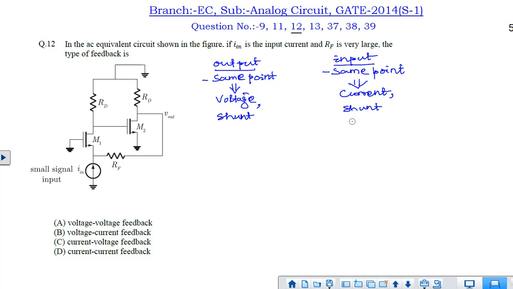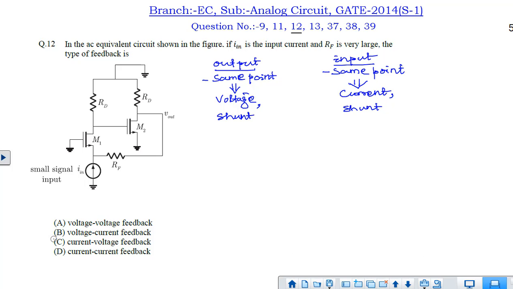As per the points I have mentioned in the previous pages, you can easily find out what is happening at the output and what is happening at the input. If you see in the name, the voltage or current, that is the sampling type, is mentioned first. So the output will be mentioned first, so the voltage thing will be named.